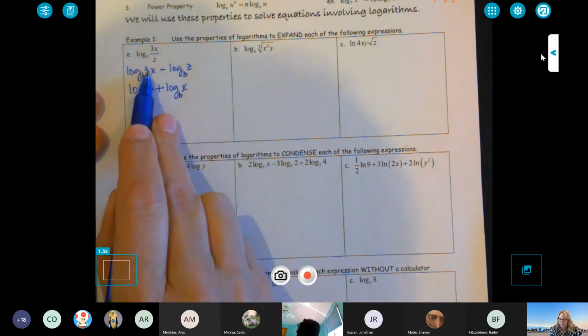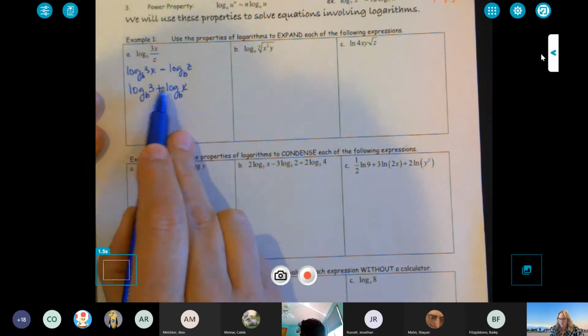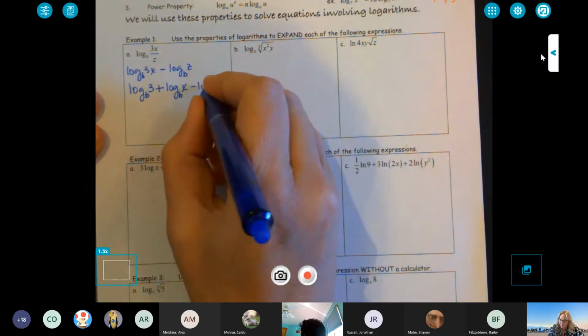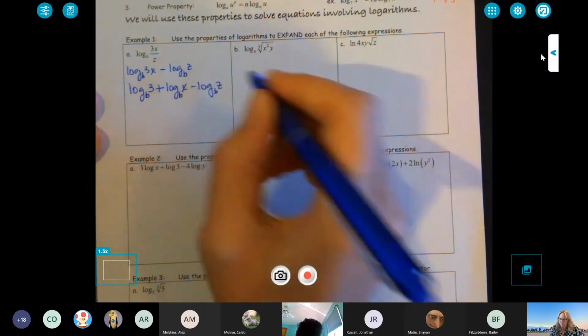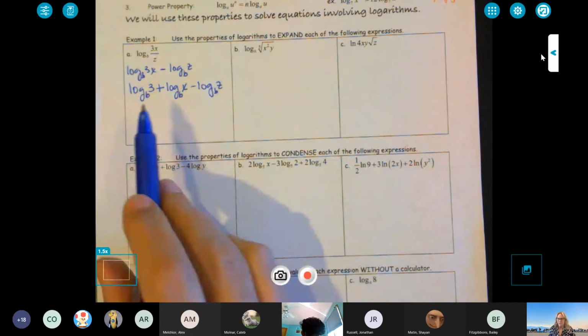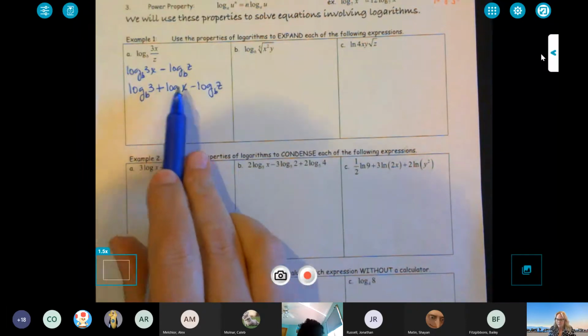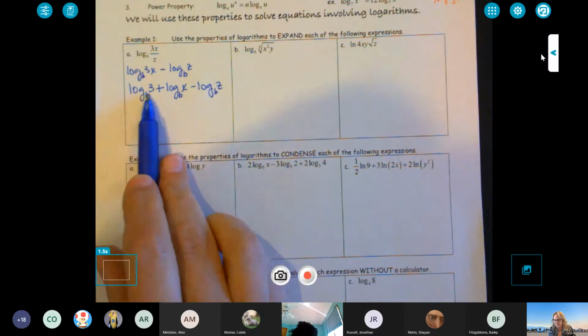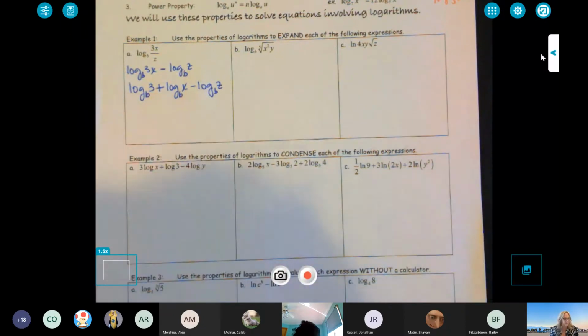I'm taking a product and making it the sum of two logs using the product property, minus the log of z base b. So there's no products, no exponents, no products, no exponents. This is completely expanded.